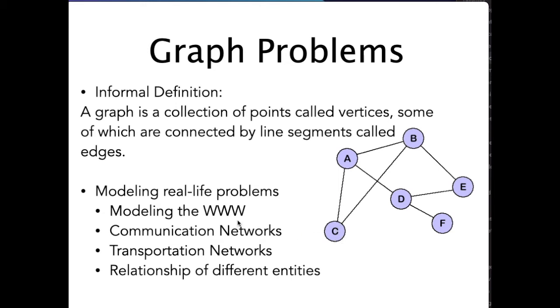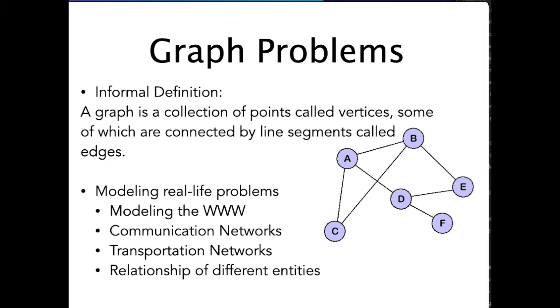And then it could be a model for a communication network. The vertices here could be computers, smartphones, or some IoT devices, and then there's a link connecting two devices if the two devices can communicate.